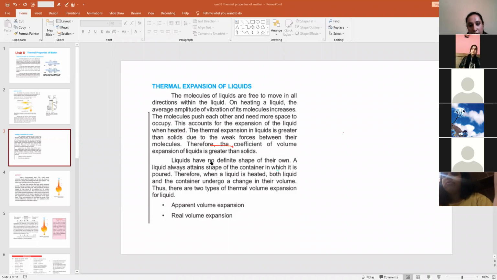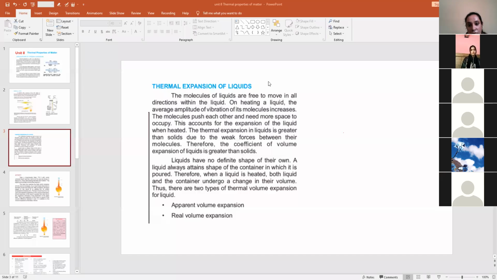Similarly, if you see the thermal expansion in liquids, obviously you know that the molecules are not so tightly bound like in a solid. They are loose, they are not free to move, but they have more free space as compared to the solid. So when we heat the liquid, their amplitude increases.